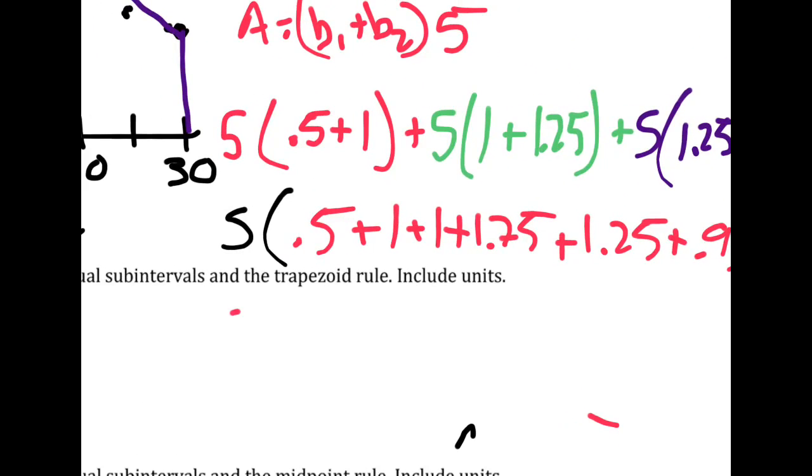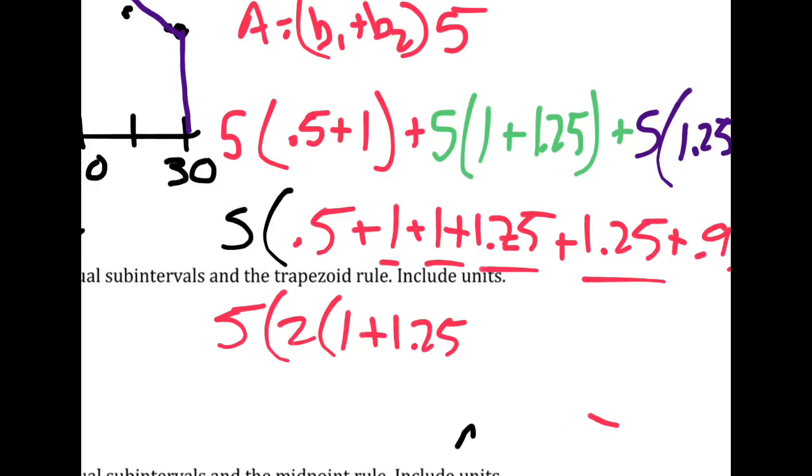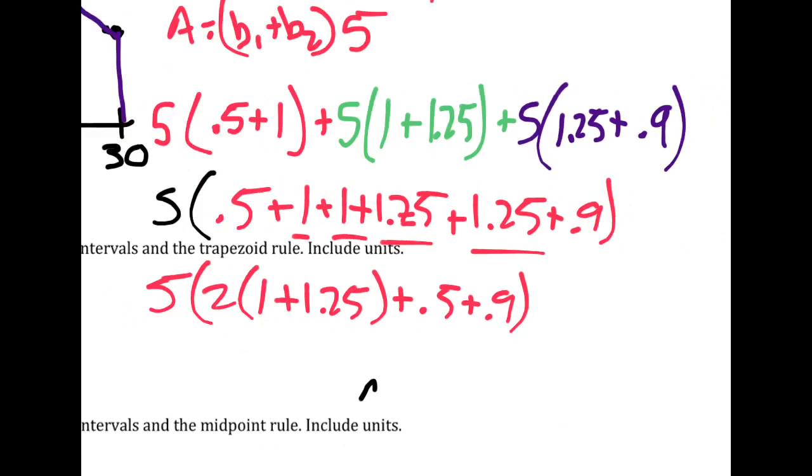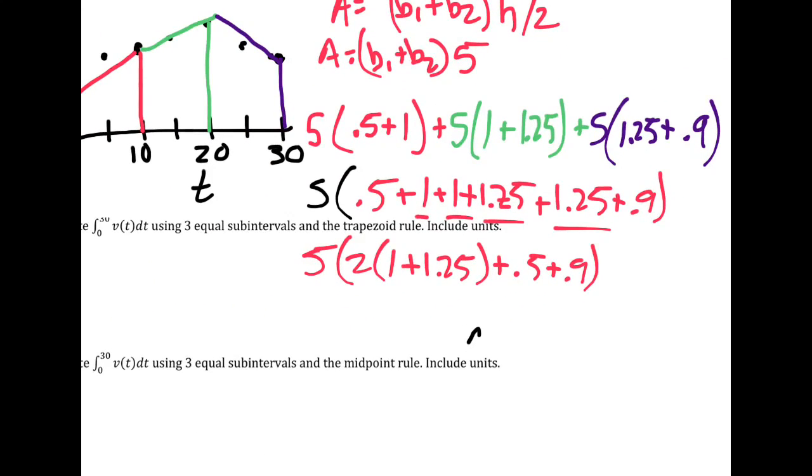I can say 5 times 2 times 1 plus 1.25, because notice 1.25 is twice and 1 is twice, because those are shared. And then I need to add my singletons, which is 0.5 and 0.9. Maybe I'm making this unnecessarily complicated by making it simpler, but there's an equation that should represent that approximation.